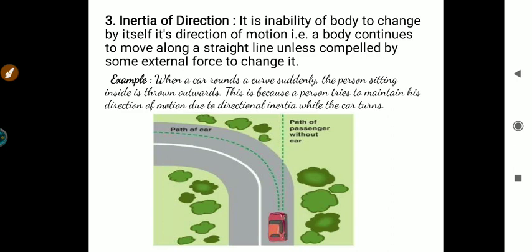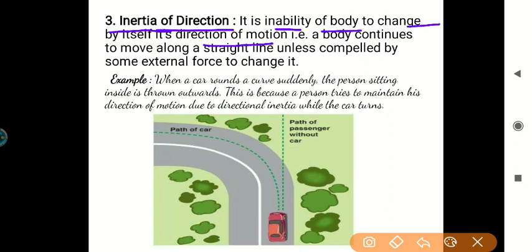So next is inertia of direction. This is the last type of inertia. It is the inability of a body to change by itself its direction of motion. That is, a body continues to move along a straight line unless compelled by some external force to change it. For example, this car moves in a straight line, but when it turns left, the body of the driver tries to remain in the straight line.